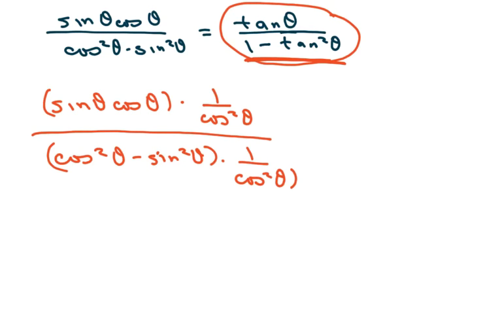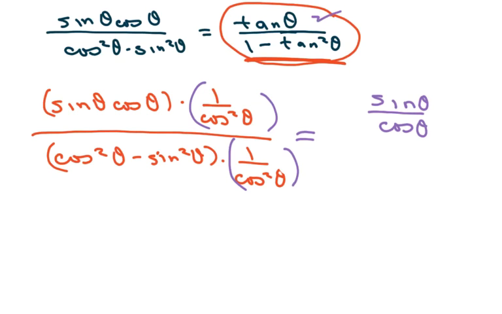Now if you kind of pause the video and analyze what's going on here, we're forcing it to look like this by multiplying the numerator and the denominator by the same thing. So when we multiply this across, what happens is you're going to get sine over cosine, which is tan.